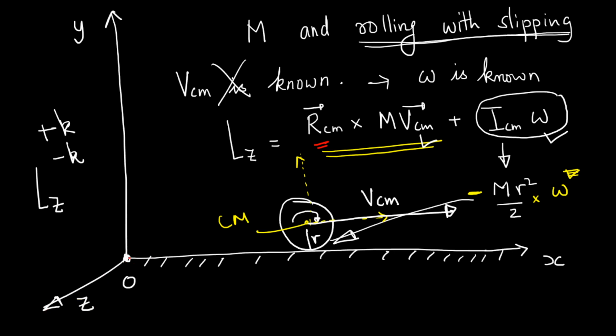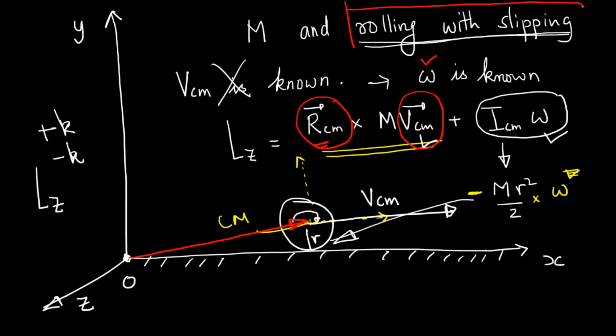You got to start from the origin and go all the way till here. Okay, so I'm going to redraw this. So whatever I need, RCM and VCM is staring at me. Mind you, VCM has not been given, omega is given, and VCM will be related to omega by this constraint, which is the other part of the things that we want to learn in this particular lesson.